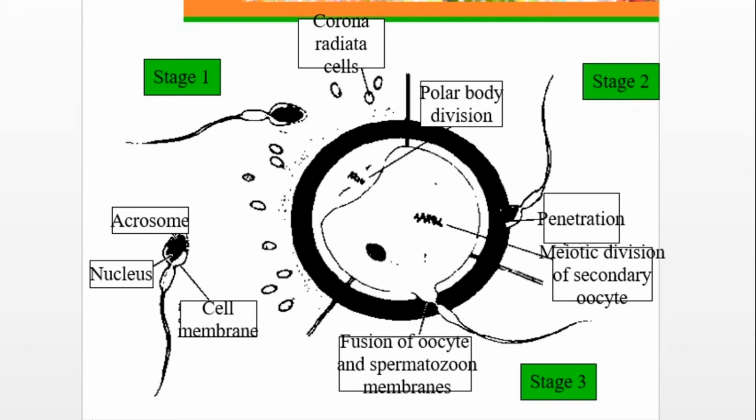After penetration they leave the peripheral part of the cytoplasm and take place in the perivitelline space, which is located between the plasmalemma of the ovum and the zona pellucida, and create an impenetrable layer which prevents polyspermy, so that penetration of the layers of the ovum and the plasmalemma by other sperm cells is impossible.